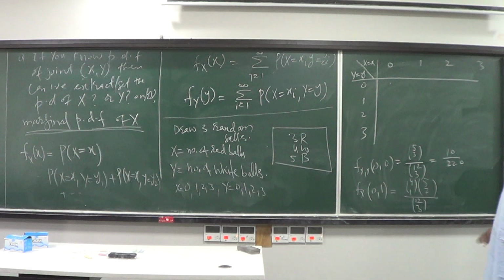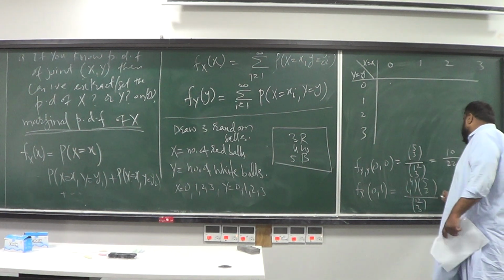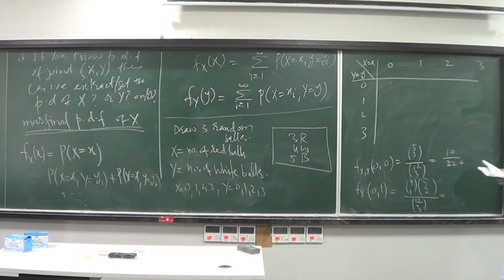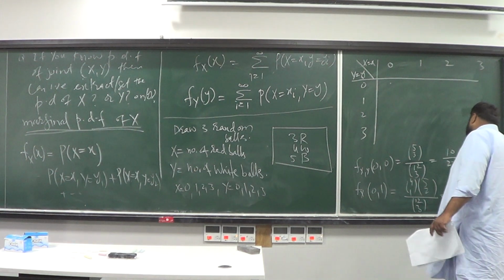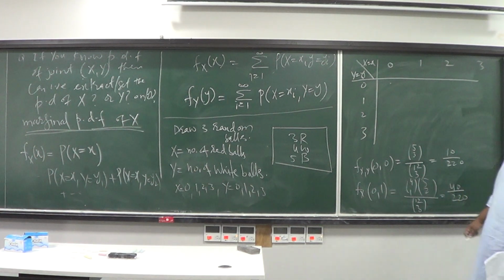There is no replacement in this situation. So what you're going to get is 40 by 220.